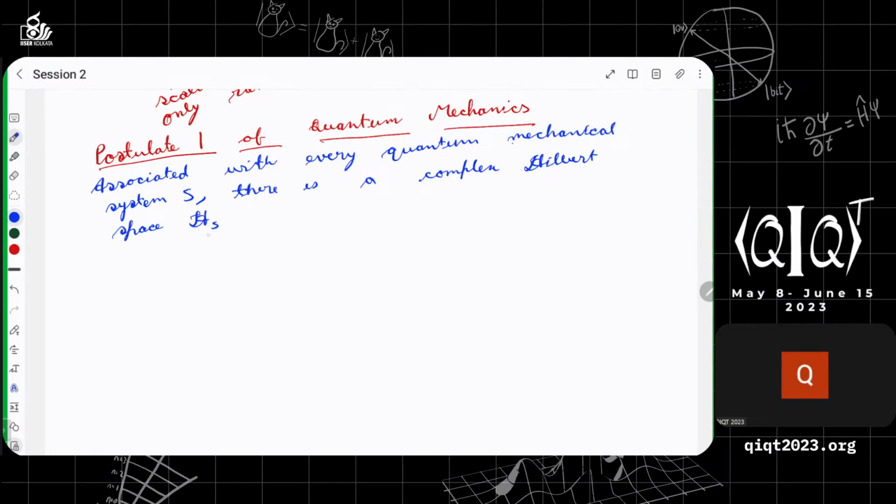We'll denote it by H of S, S standing for the fact that it is for system S. And this is known as the state space of the system.